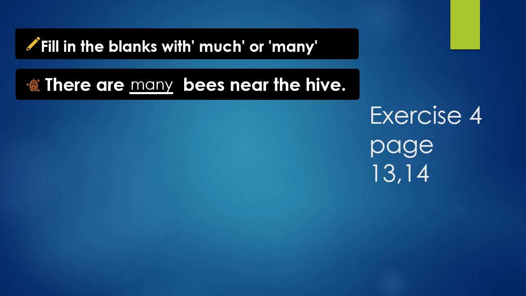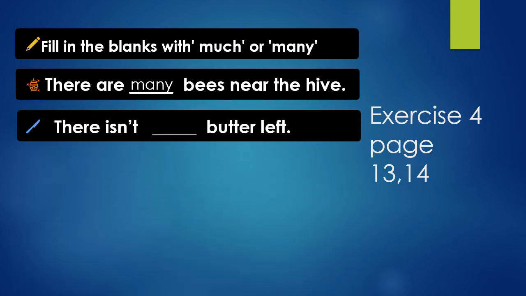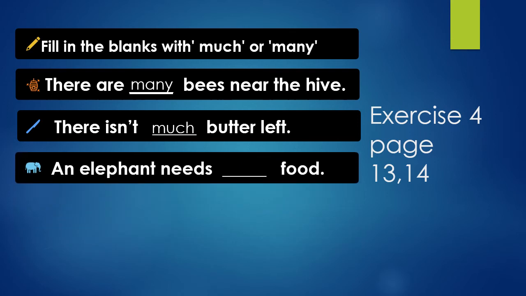Next sentence is, there isn't dash butter left. What comes here? Much. There isn't much butter left. Next sentence is, an elephant needs dash food. What comes here? Much. An elephant needs much food.